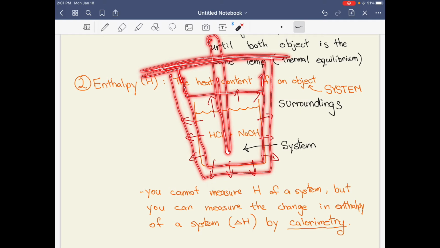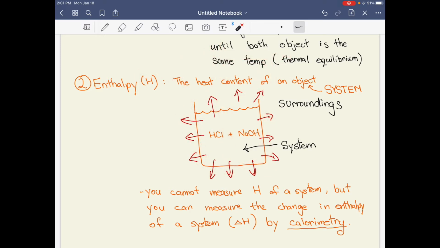So the initial temperature, before the reaction happens, and when the reaction is completed. Or you can say, by looking at the thermometer, what is the maximum, or in other cases minimum, temperature that you're getting. And through certain mathematical formulas, you will be able to find what delta H is.